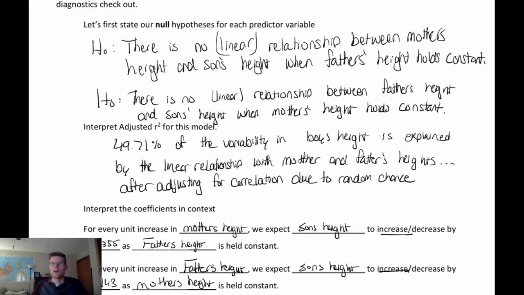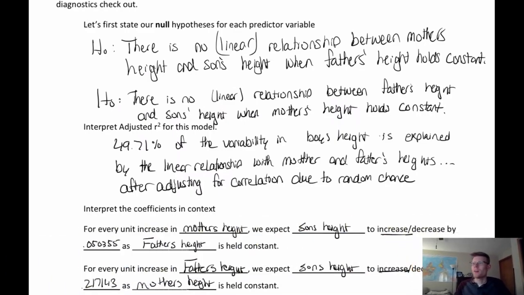There we go. Okay. So 0.217143 is the average expected change in son's height when we do that. So again, I really should have written the word average in here. I think I just copied and pasted from the previous page, and in both cases I didn't notice that that word was missing.